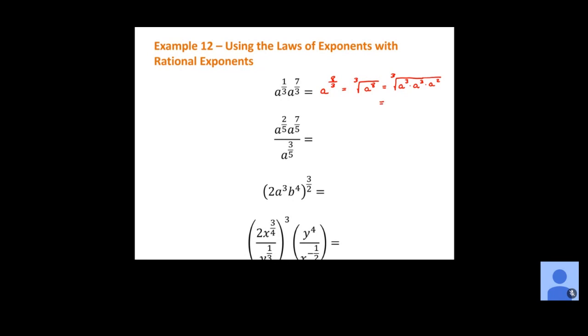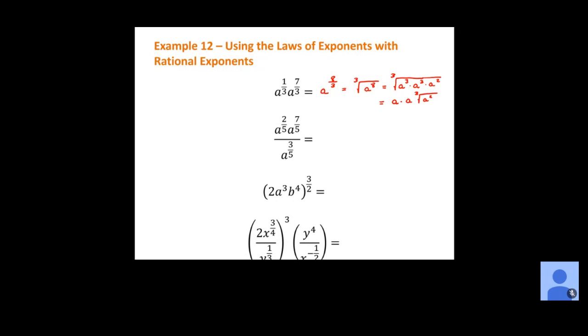Now I'm going to take the cube root of each of those, because I'm allowed to split up each of those products. So what's the cube root of a cubed going to give us? A. And then the cube root of the next a cubed would be another a. And then left inside then is the cube root of a squared, because we can't take the cube root of that now.